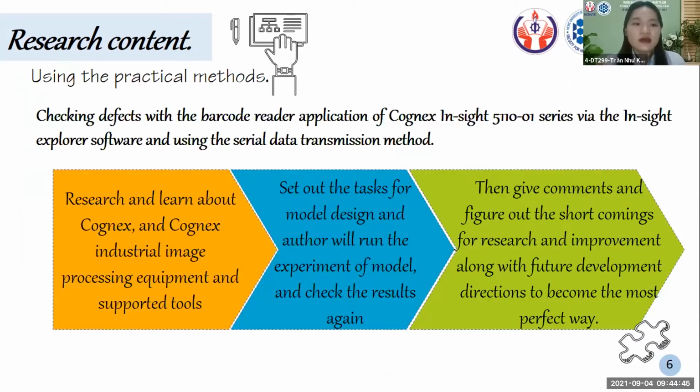Here I talk about the contents of the research project. I use the theoretical method to research, in parallel with building the model with cameras. There are many types of coordinate cameras, but I chose the Cognex In-Sight 5110 series supported by the company. Therefore, I use this device for my thesis.